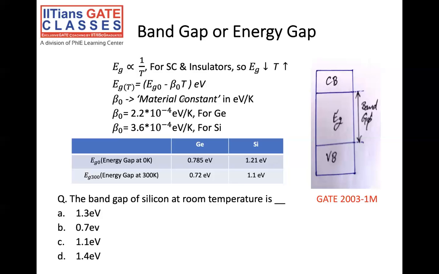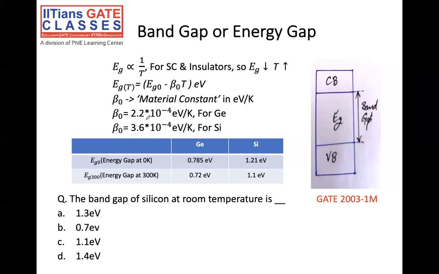Here beta naught is the material constant and its unit is electron volt per Kelvin. Beta naught value for germanium is 2.2 into 10 to the power minus 4 electron volt per Kelvin, and beta naught for silicon is 3.6 into 10 to the power minus 4 electron volt per Kelvin.